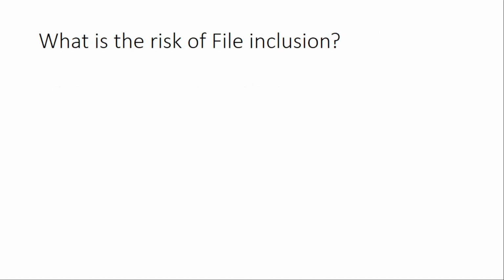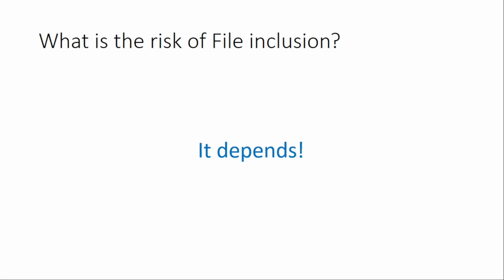So now, what is the risk of file inclusion? As we say a lot in this field, the answer is: it depends. If the attacker can use file inclusion vulnerabilities to read sensitive data, a successful attack causes leaks of sensitive data, including code and files related to the web applications, and credentials for backend systems.